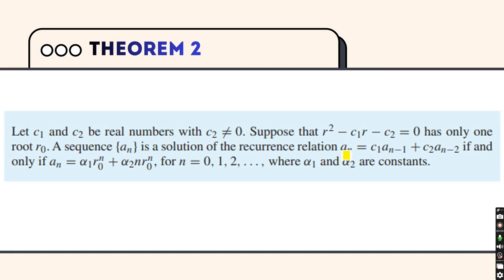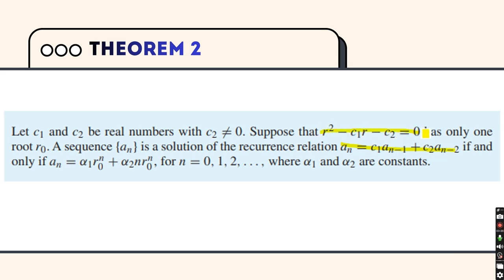So this theorem deals with recurrence relations that look like this. This means that each term is made by combining the two previous terms. So if you try to solve this kind of recurrence, you always start by forming its characteristic equation, wherein we always replace the value of an with r.